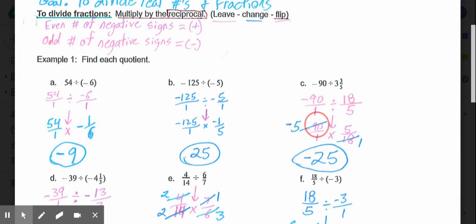The 90 and the 18, or in this case, negative 90, positive 18, can both be divided by 18. 18 goes into itself once. 90 divided by 18 is 5, and the negative stays with it, so it's a negative 5. So what we're really left with is a negative 5 over 1 multiplied by 5 over 1. So a negative 5 times a positive 5 is a negative 25.